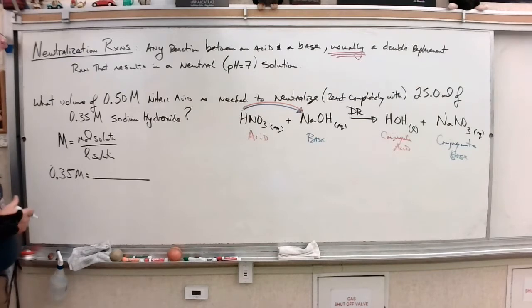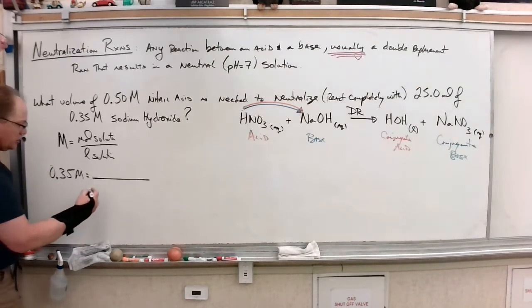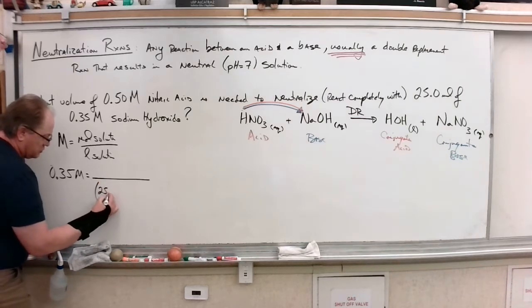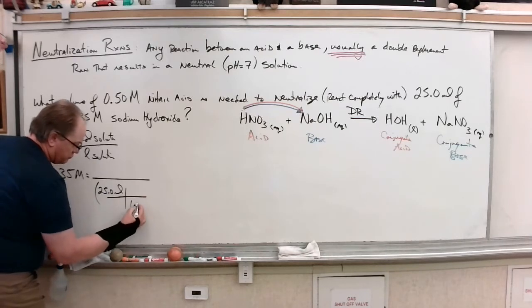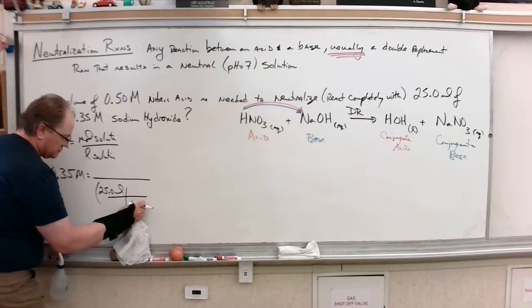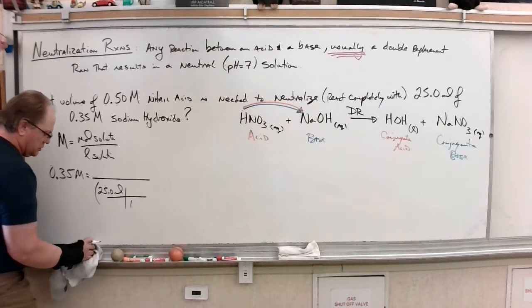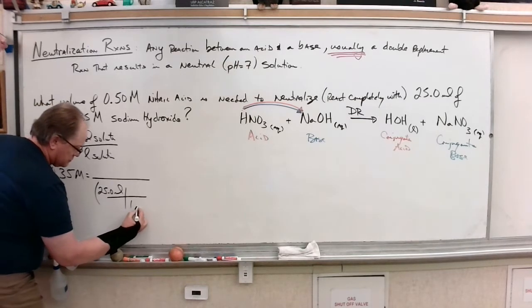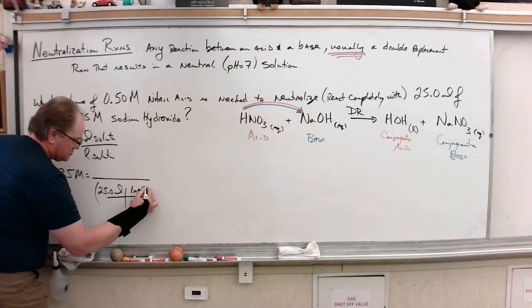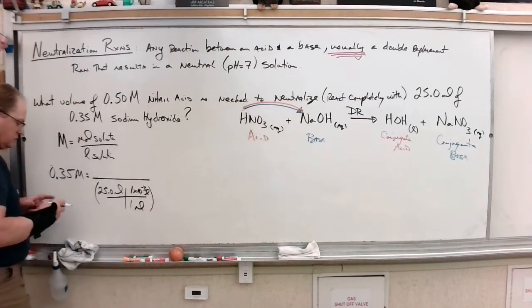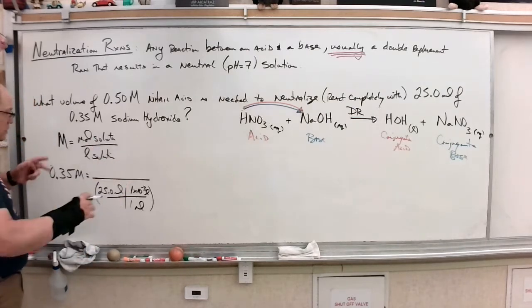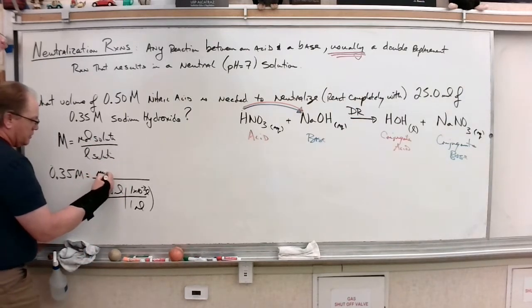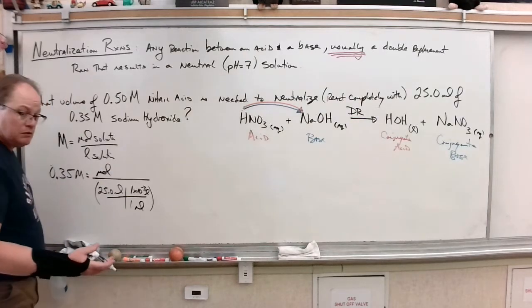I have a concentration, 0.35 molarity, and I have a volume, 25 milliliters. Of course, I need that in the form of liters. So I need to change milliliters to liters. If it bothers you that I'm doing this in one step here, where I have my conversion inside the equation, then by all means do it separately.